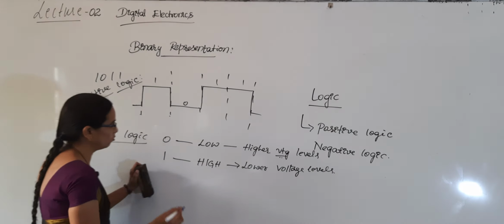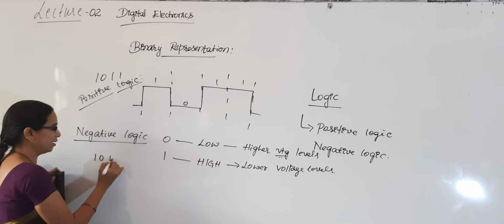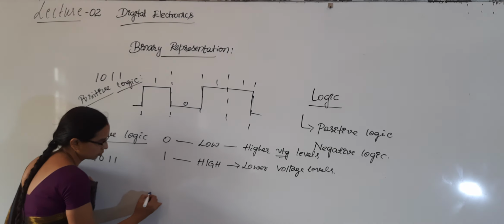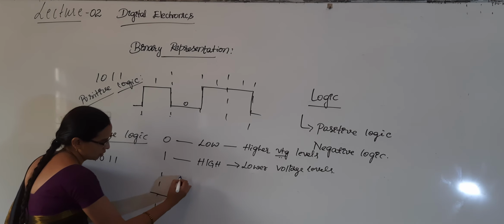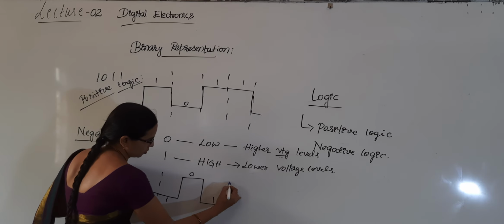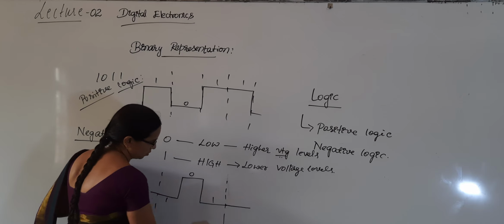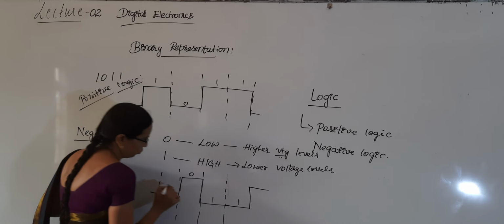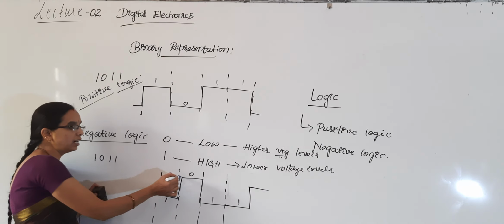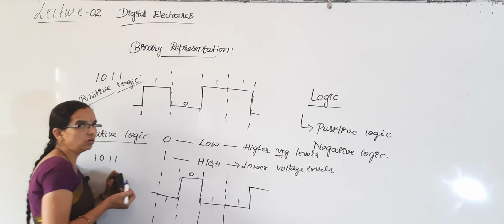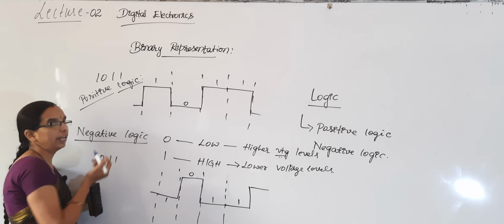Then it is said to be negative logic. The same example 1011 can be represented using negative logic: higher voltage levels are used for 0 and lower levels for 1.